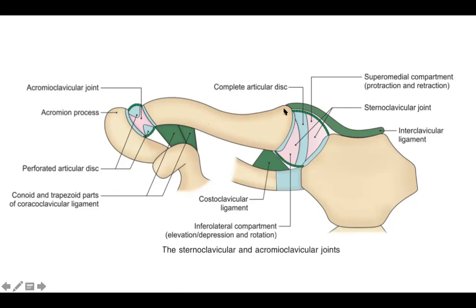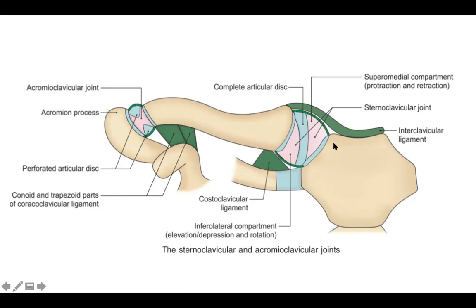But to know the type, we must not only say synovial, we must mention what type of synovial, the ones we took: hinge, planar, pivot, saddle. So we say that the sternoclavicular joint is a synovial saddle joint. The acromioclavicular joint is a synovial planar joint, mentioned like this.